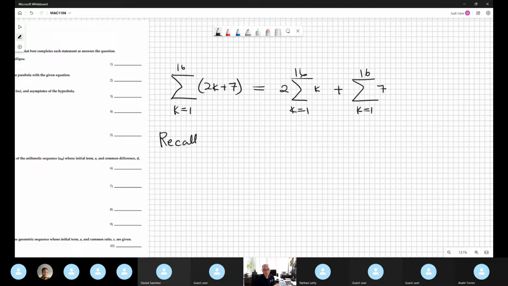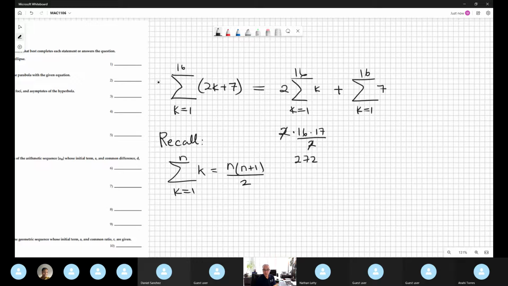We have this formula: the summation from k equals 1 to n of k is equal to n times n plus 1 divided by 2. In our case, n is 16. So 2 times 16 times 17 divided by 2, and the 2 is outside. Do you understand where I come from with 16 and 17? The 16 is n, and n plus 1 is 1 more, 17. You can cancel out these 2, why not? And when you multiply, it's 272.